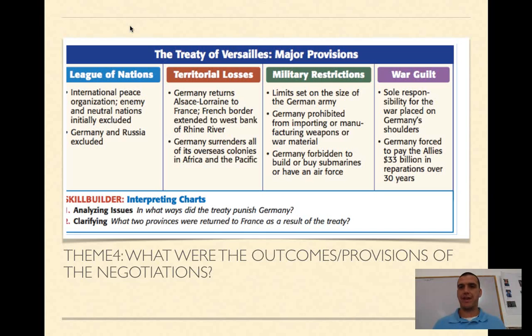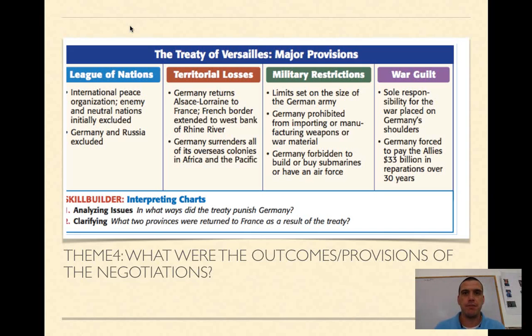If we move right, we can look at war guilt. So what the Treaty of Versailles said is that the sole responsibility for the war was placed on Germany. Germany, you are to blame for the war, so you must pay. So the negotiators, those heads of states that I showed you before, agreed that Germany would be forced to pay the Allies $33 billion in reparations over a 30-year period.